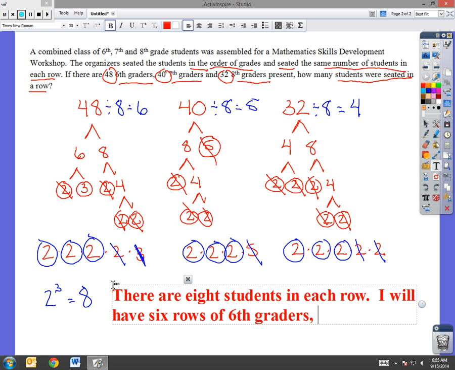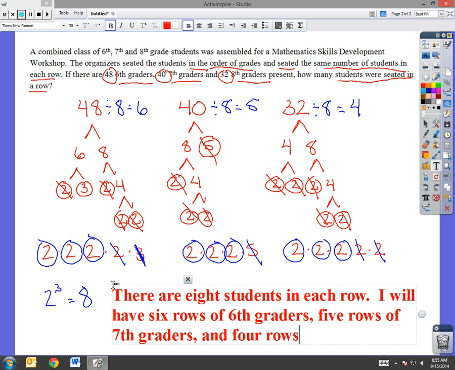How ironic is that? 5 rows of 7th graders, and 4 rows of 8th graders. Okay, hope that helps you out with those 2 problems.